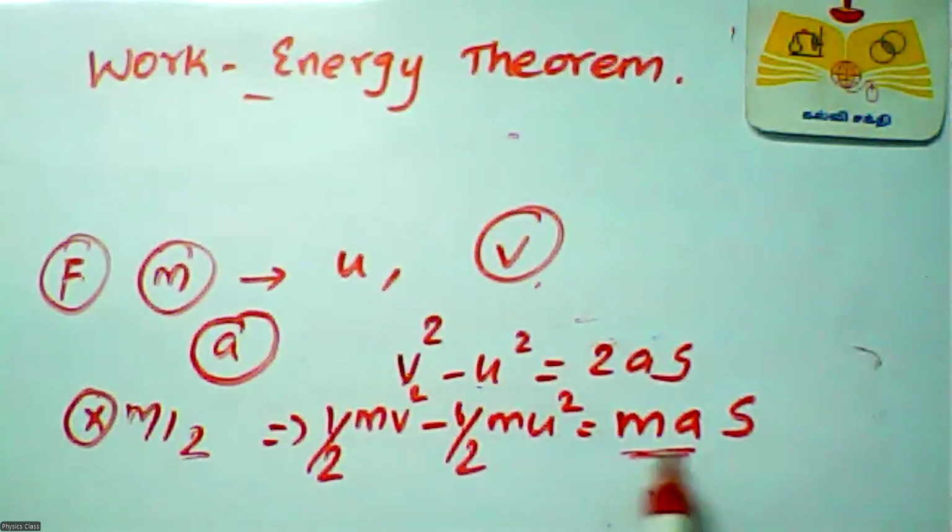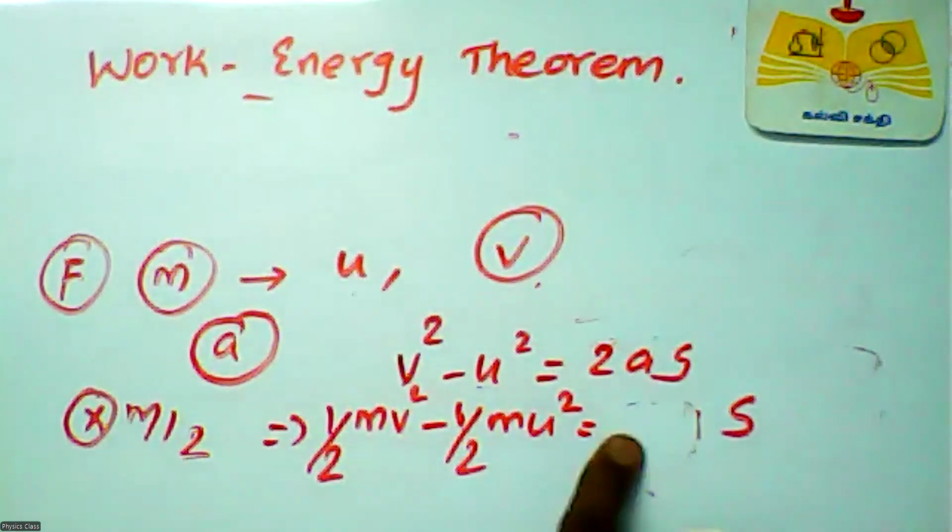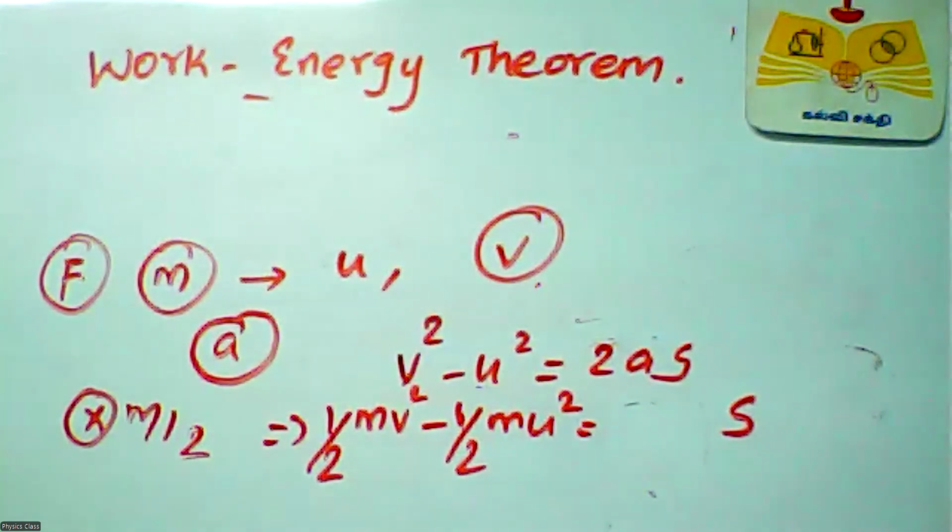Already from Newton's second law of motion, you can recall that F is equal to ma. So I can replace ma by F. In this equation, half mv square is kinetic energy.